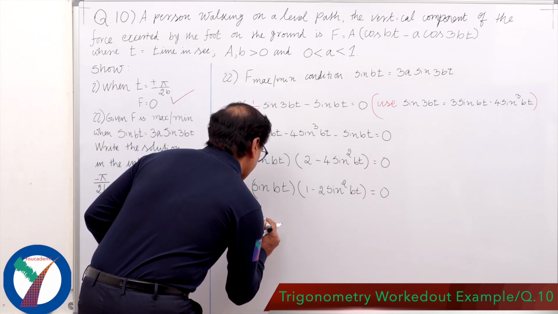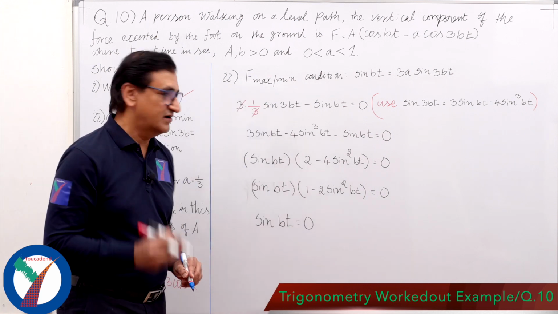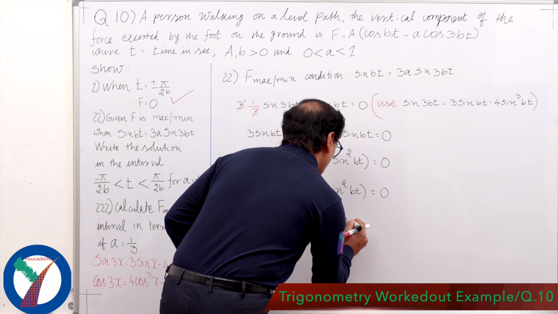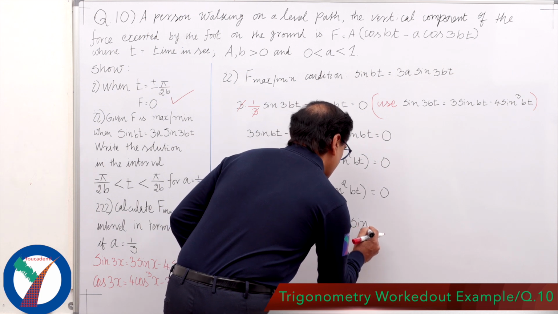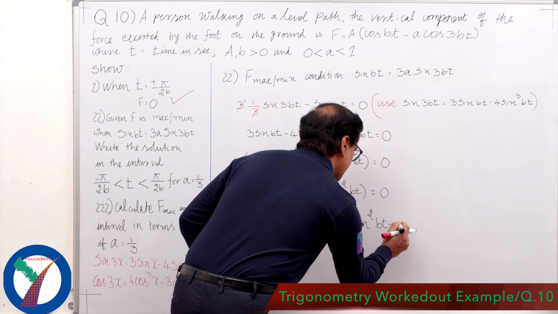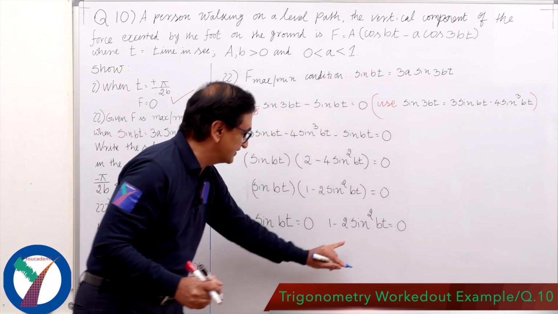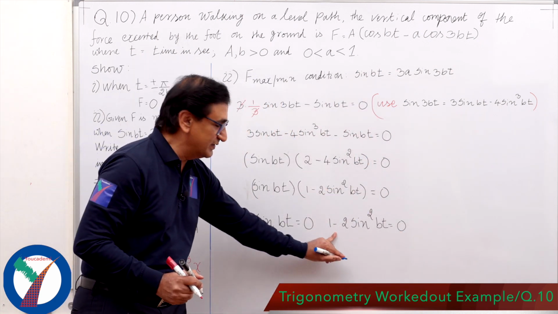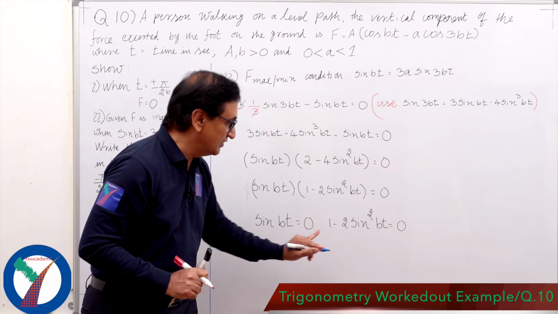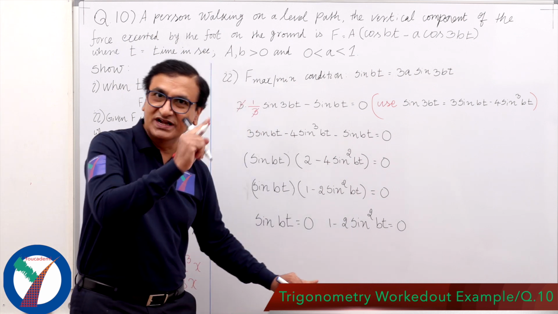Either sin bt equals 0 or 1 minus 2 sin square bt equals 0. Let's solve for sin bt here. This will give me 2 sin square bt equals 1. Therefore, sin square bt would be 1 divided by 2.